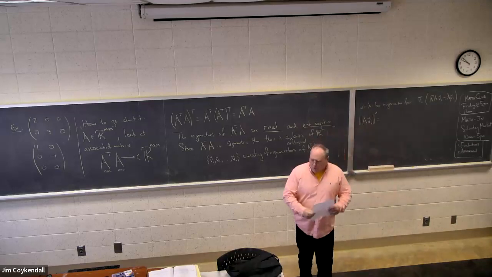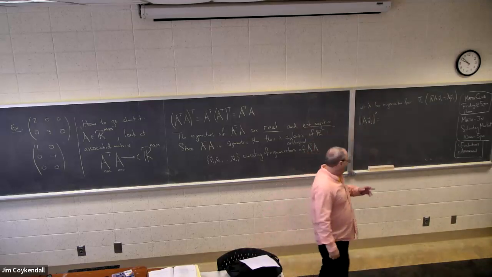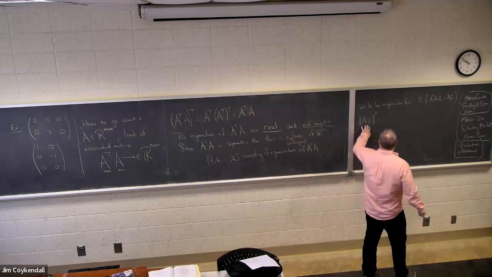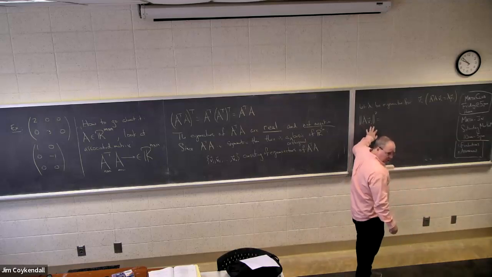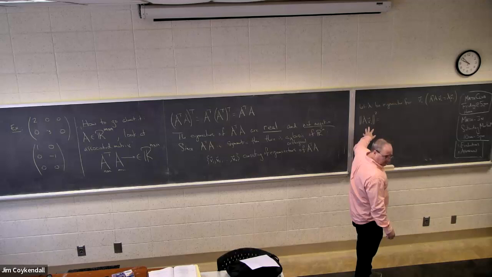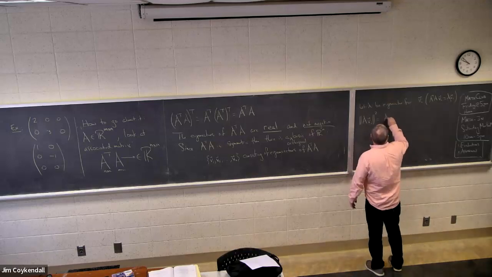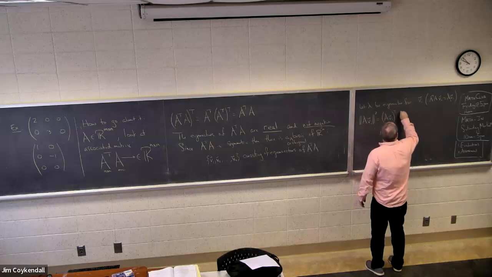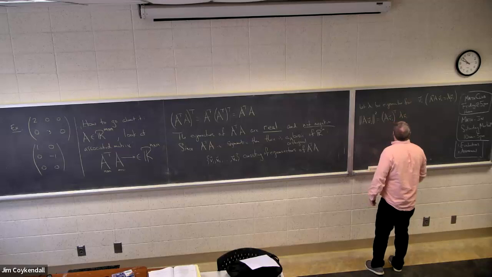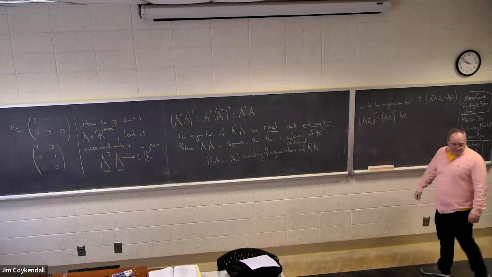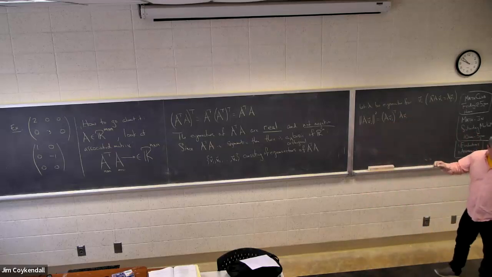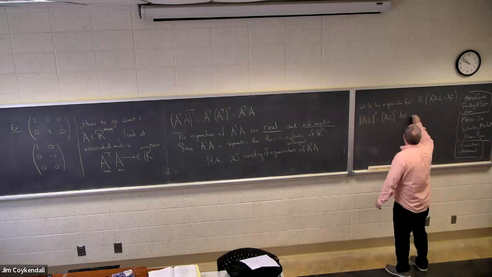Now remember, A v_i is a vector. So what's the square of its magnitude? It's just the dot product with itself, right? That's (A v_i) transpose times A v_i. Now let me use my sorcery on the transpose.